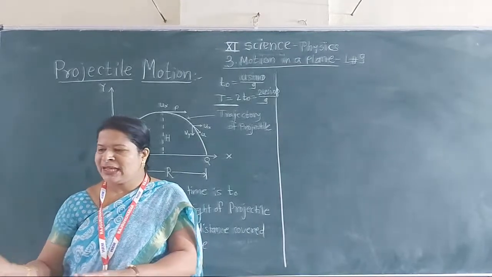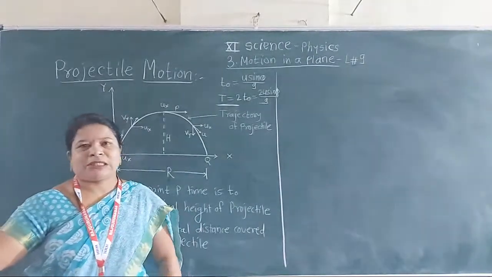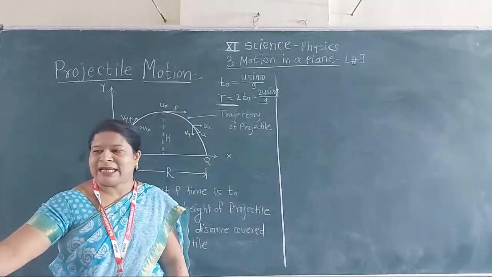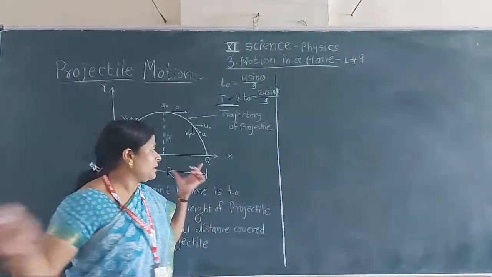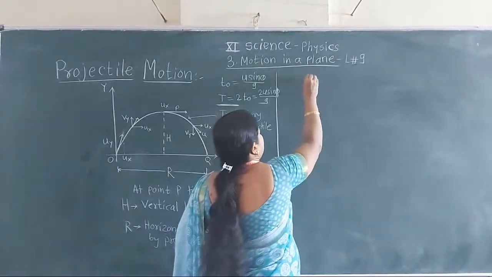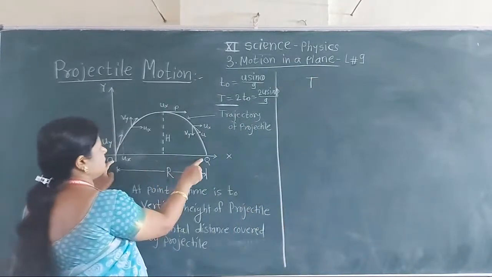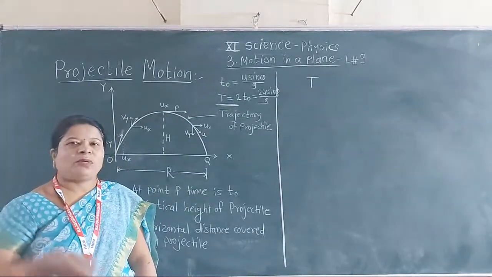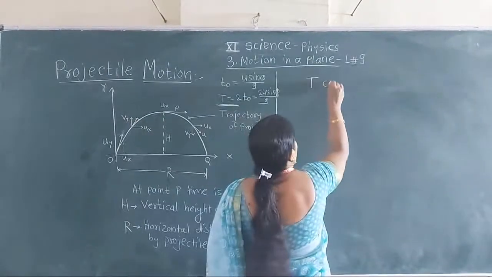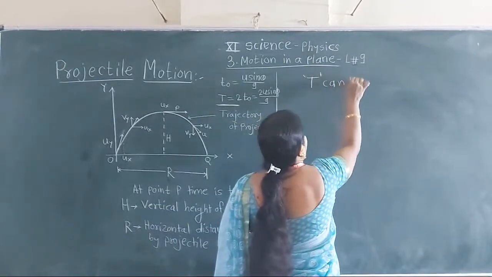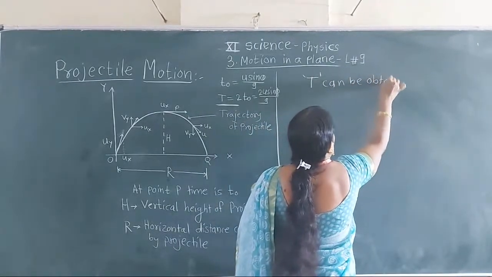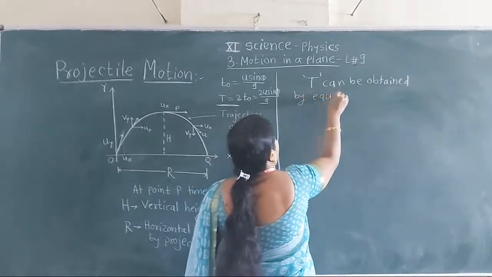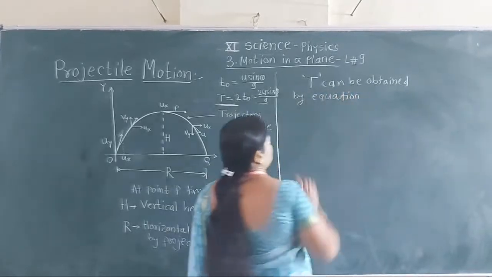For the range of a projectile, the total horizontal distance is traveled by the projectile in the total time T. This can be obtained by an equation.